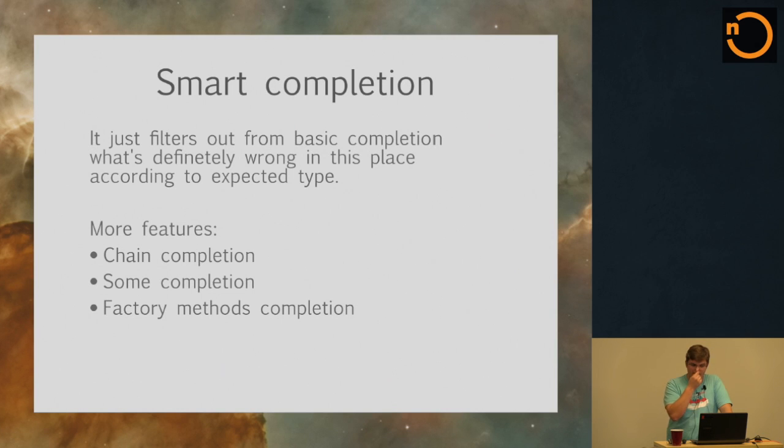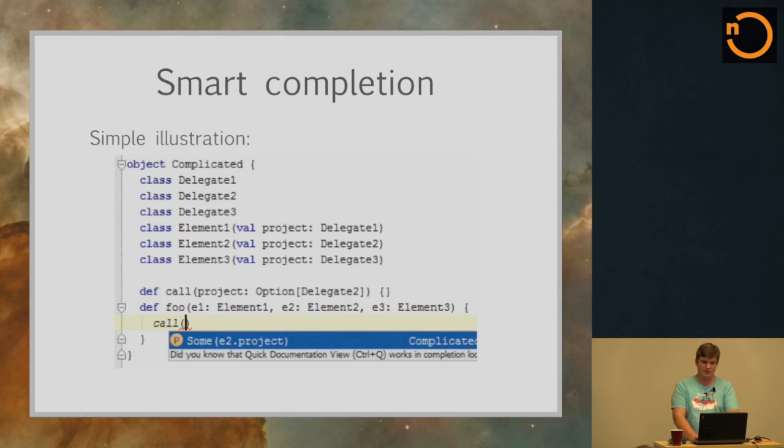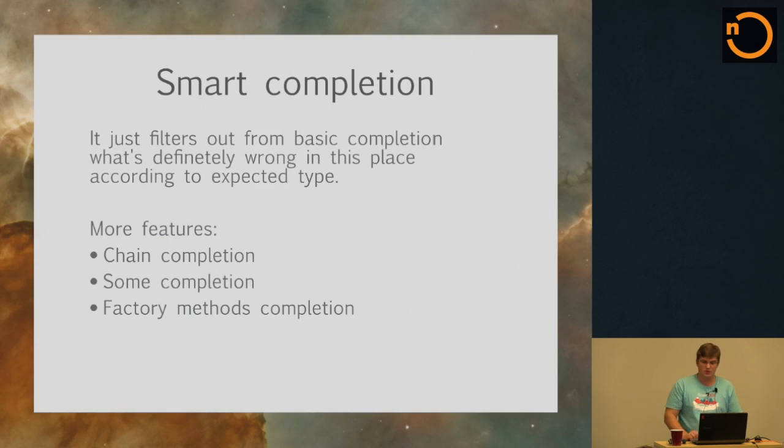And there are some more very effective features of smart completion, like chain completion. This is the second smart completion. You saw on the previous slide that we completed E2 point project. If project is not available in scope right now, it's sometimes available from another variable, and you don't need to search which variable has a function which returns project.